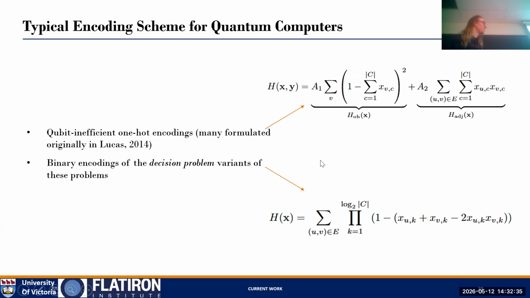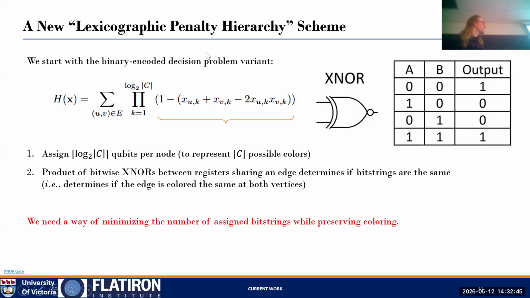So we asked the question, can we encode the minimization or the optimization variant of these problems using as few qubits as possible? So to do that, we started with the binary encoded decision problem variant that I showed on the previous slide, where log2 of the number of vertices or colors per node are assigned to each vertex.